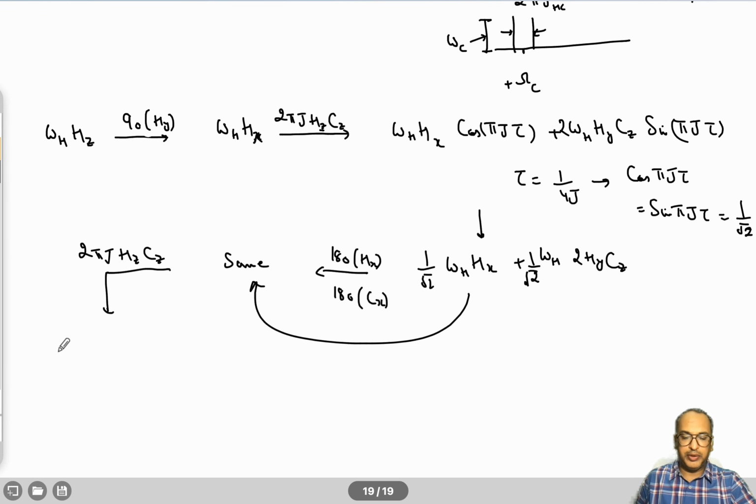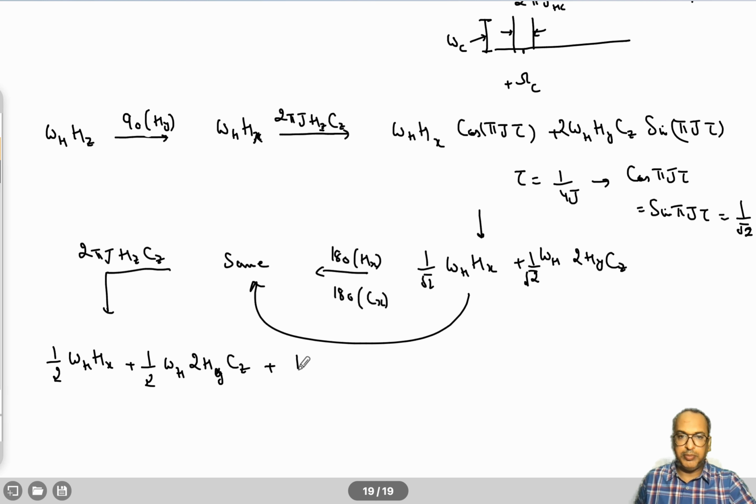Here I will get 1 by 2 omega H Hx plus 1 by 2 omega H 2 Hy Cz, and then this one plus 1 by 2 omega H 2 Hy Cz minus 1 by 2 omega H Hx, right?